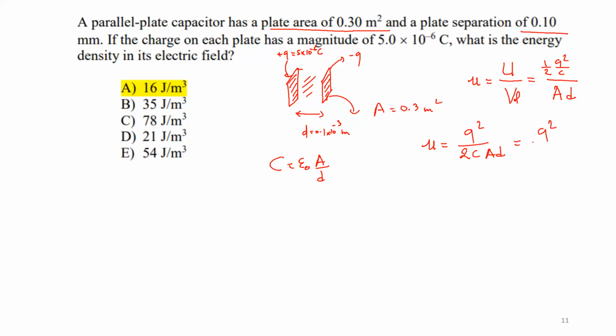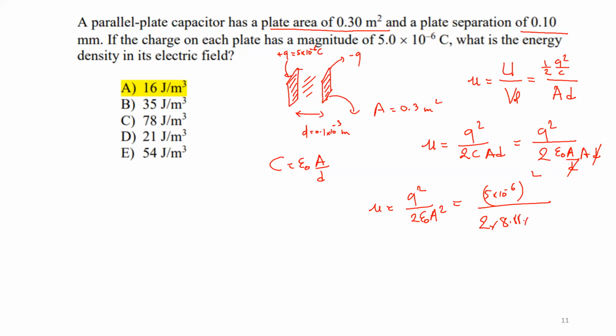I will have Q square divided by 2 times epsilon naught A divided by D, multiplied by A times D. Of course, D simplifies, and I get my energy density, which is Q square divided by 2 epsilon naught A square. So let me put the numbers. You know Q, 5 10 to the power minus 6, squared, divided by 2 epsilon naught, 8.85 10 to the power minus 12.